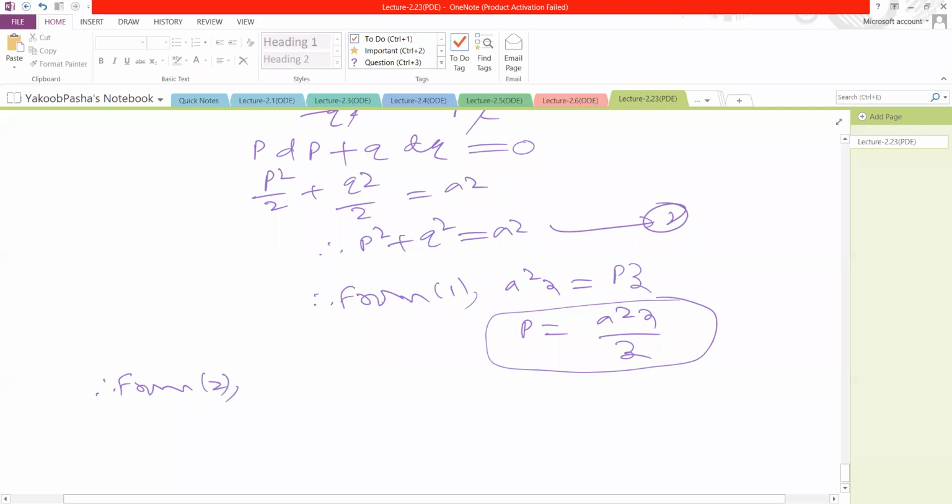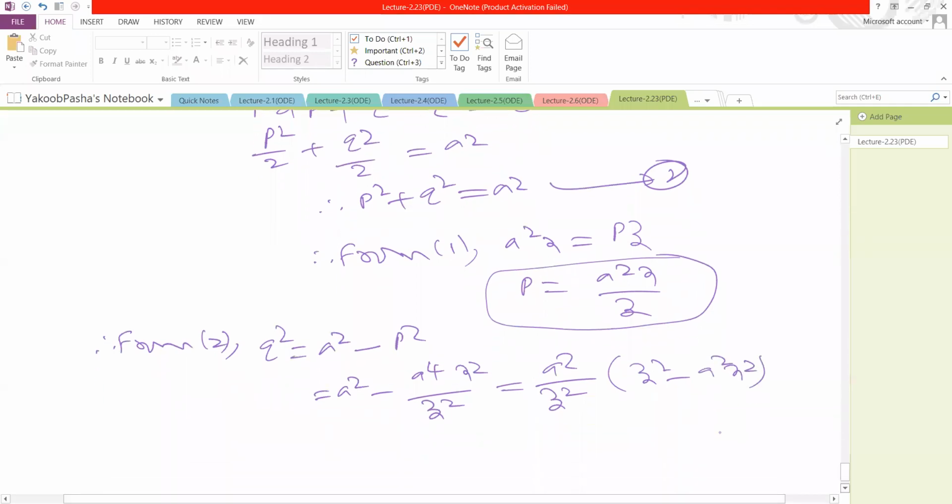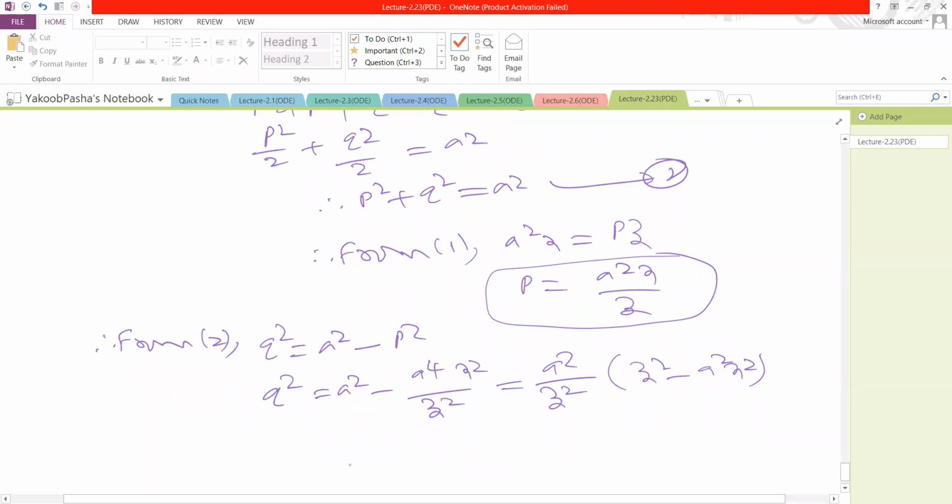So q square value is a square minus p square, which is a square minus a power 4 x square by z square. Taking z square as LCM and a square common in the numerator, we get a square by z square of z square minus a square x square. So this is the q square value. So we can write q value as a by z into under root of z square minus a square x square.